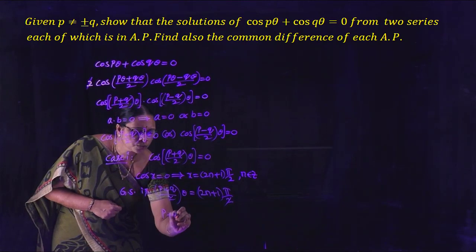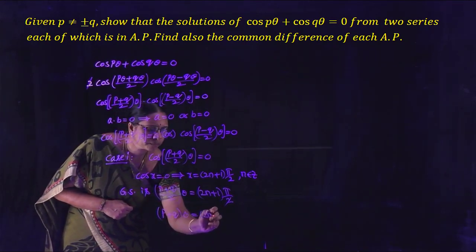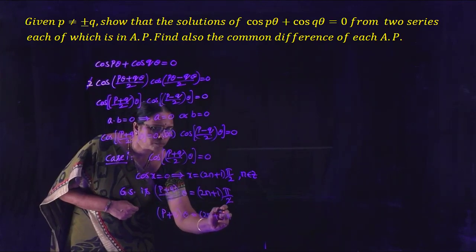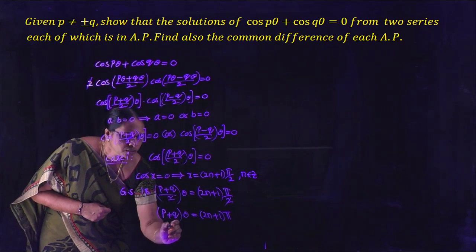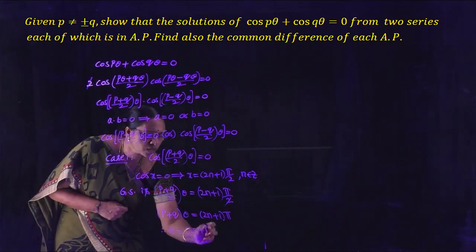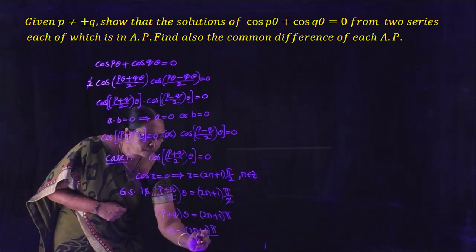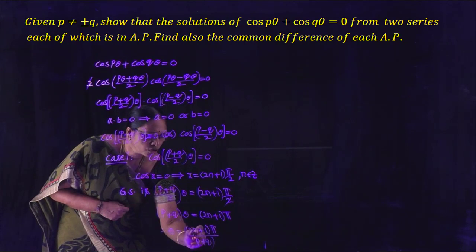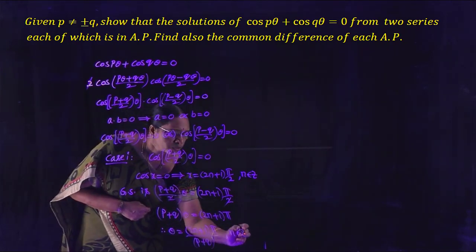P plus q theta is equal to 2n plus 1 into pi. Therefore, theta is equal to 2n plus 1 pi by p plus q for all n belongs to z.